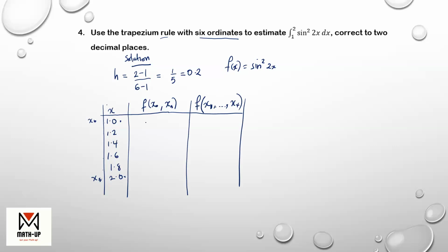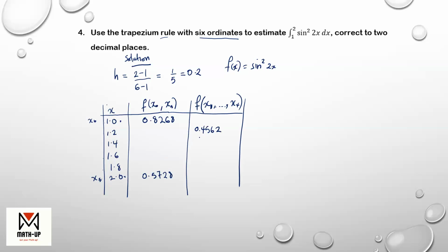Putting this in the calculator and evaluating, we shall have our first value here, 0.8268. And then for 2.0, we shall have 0.5728. Then for 1.2, since 1.2 is in between, we shall put it on this side. So we have 0.44562.